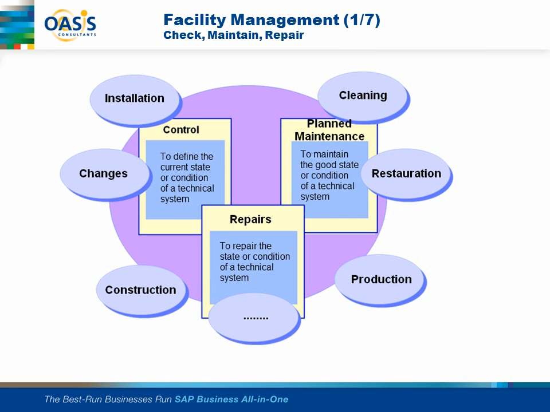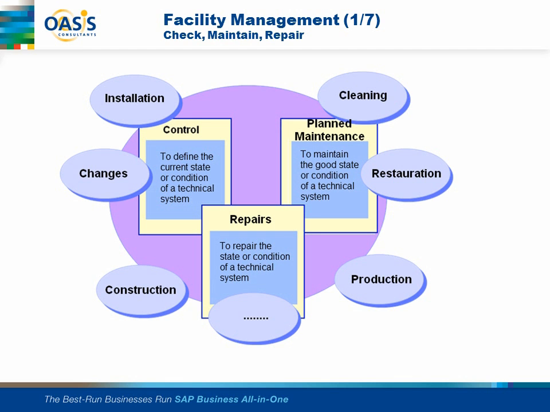Facility management. We have now created the buildings and the floors. Now, facility management, what is it? Well, finally you check, you maintain, and you repair the buildings or the floors or the rooms. Now we can differentiate different types of facility management activities. We have cleaning. We have, for example, restoration.